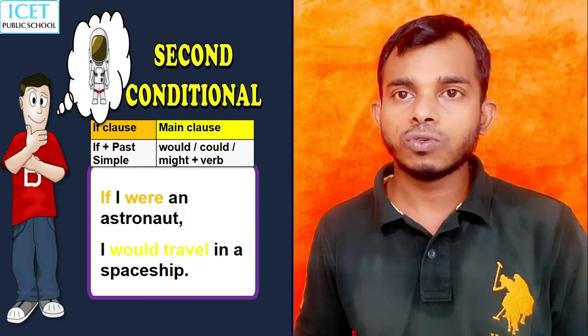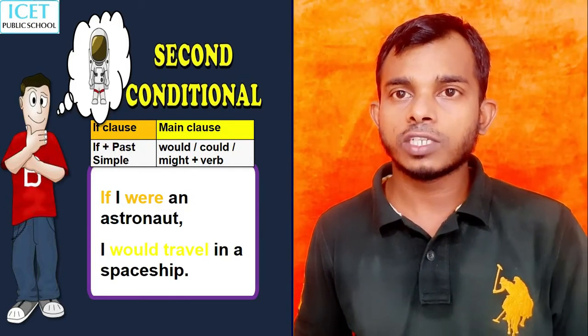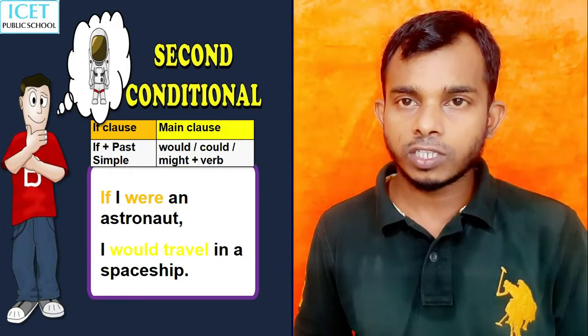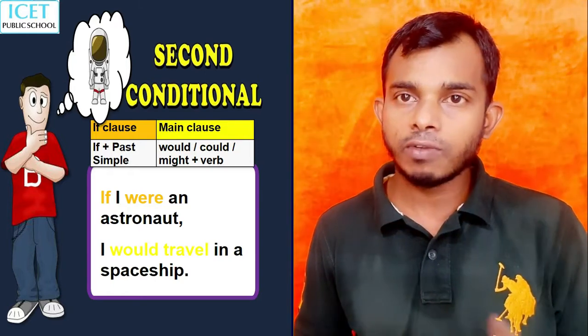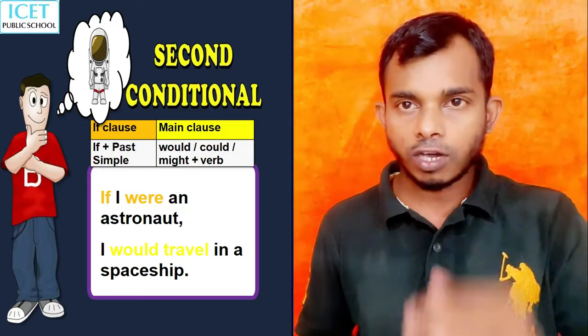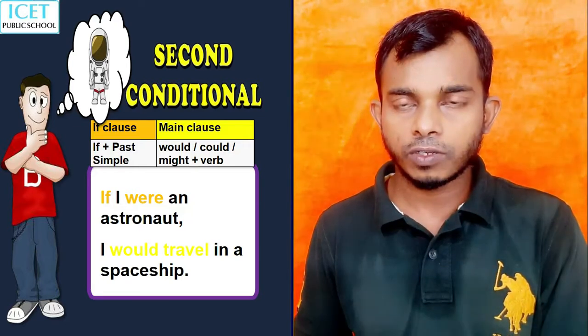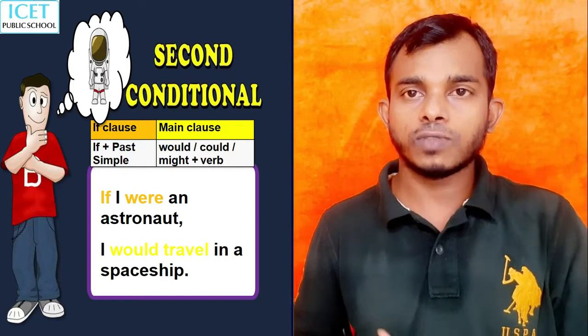Will changes into would, shall changes into should, can changes into could, may changes into might. These are actually the past forms of the auxiliary.